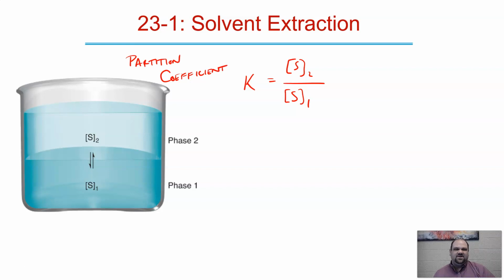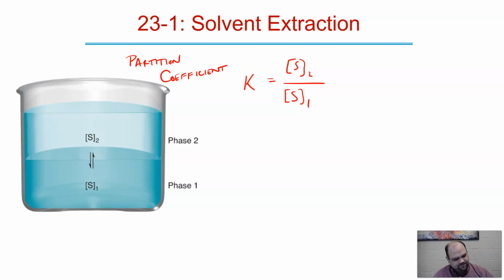And so this partition coefficient K is larger, obviously, if our solute, our sample, prefers the second solvent, and it's smaller if our solute or our sample prefers the first solvent.